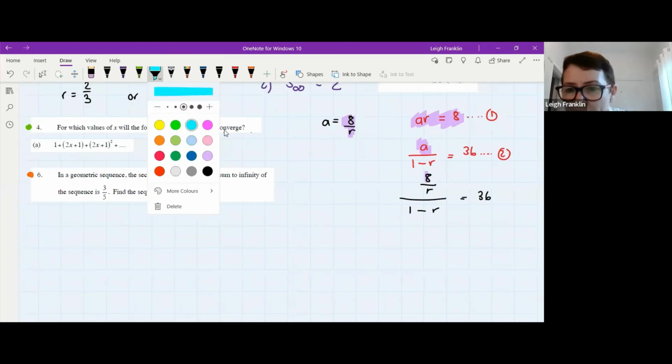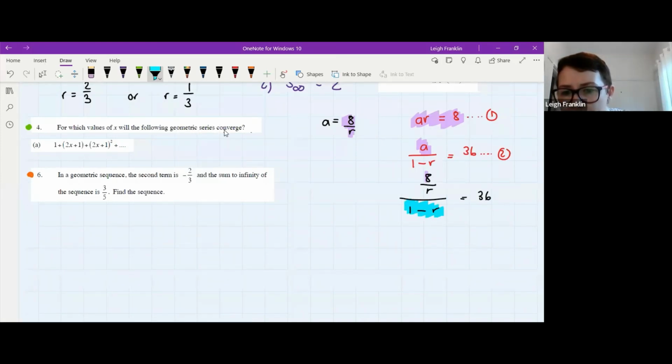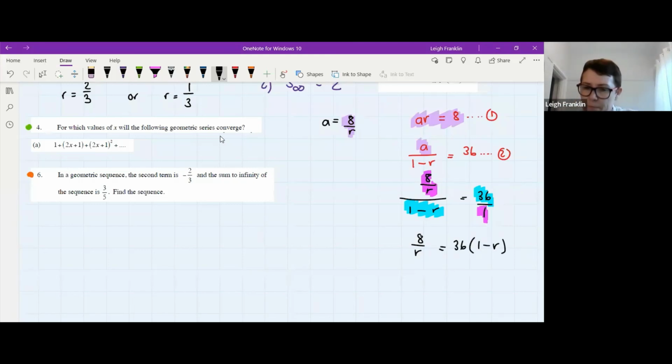We multiply the 1 minus R in the denominator with the numerator, and the invisible 1 in the denominator is cross multiplied with the 8 over R. That means we end up with 8 over R equals 36 times 1 minus R. Then when we remove our brackets, we end up with 36 minus 36R.